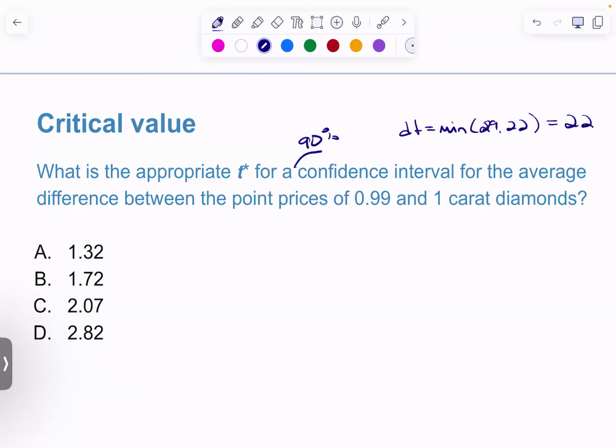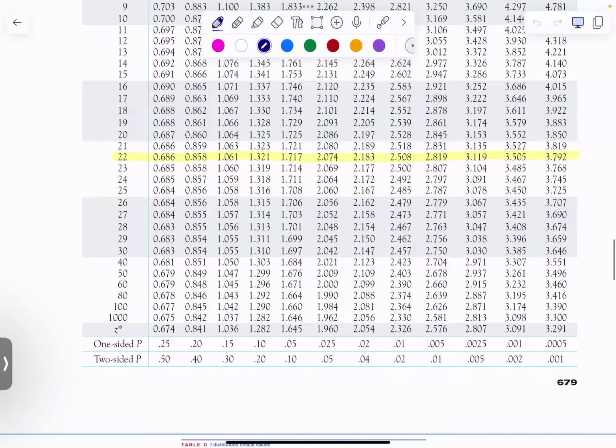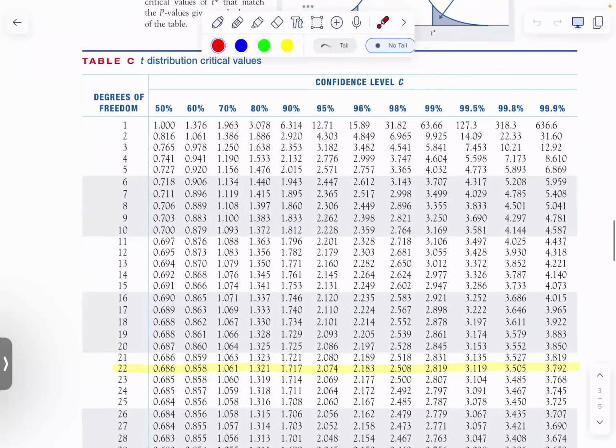That hasn't changed. So then my T star for a 90%, well, they do call it confidence level. Anyways, whatever. 90% confidence interval, at 22 degrees of freedom, my T star would be 1.717.